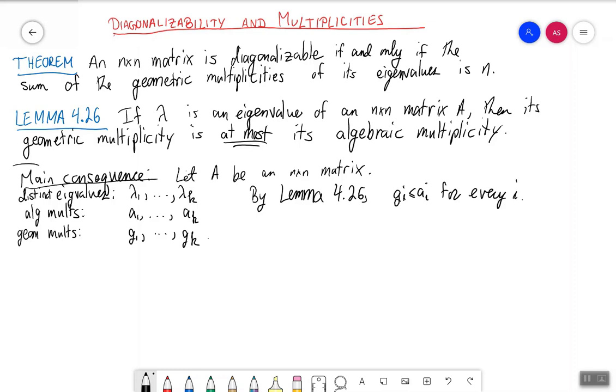We also know by the definition of algebraic multiplicity and the fundamental theorem of algebra that a1 plus dot dot dot plus ak is exactly n.